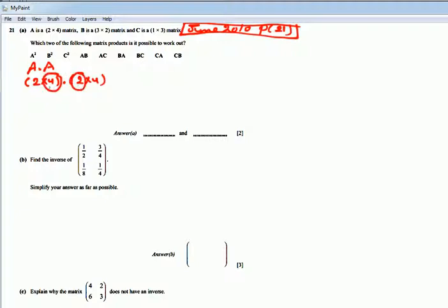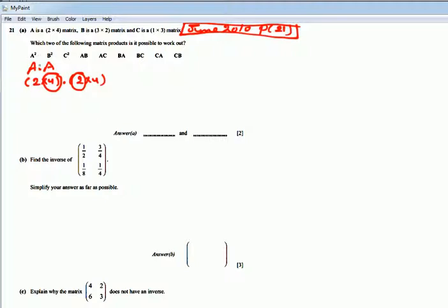If they are the same, you can find the result of the multiplication, and if they are different, you can't multiply these two matrices. Since these two numbers are different, we can't find A squared.